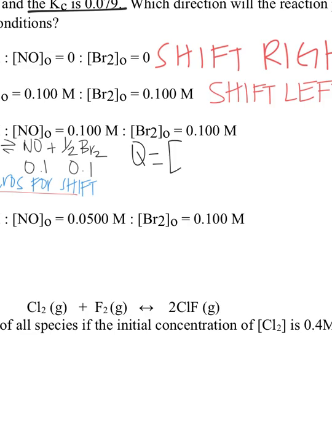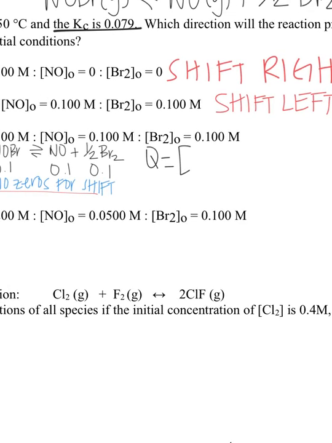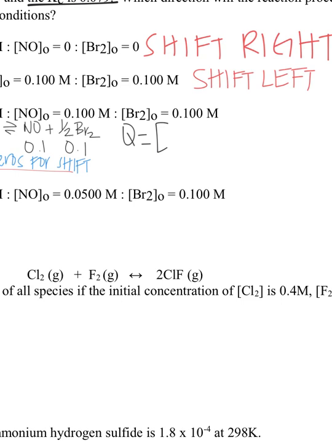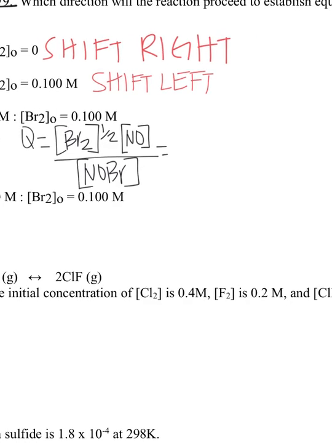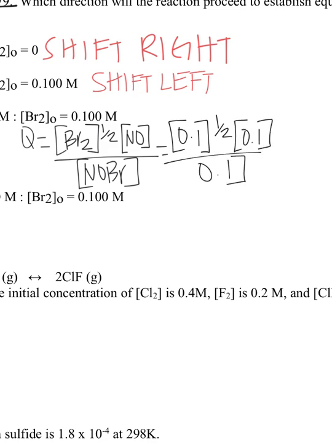Okay, so I'm going to be doing products over reactants. I do need to write an expression for Q, so NO times Br2 to the 1/2, and then NOBr on the bottom. Plug in my numbers. Okay, so I got 0.1 to the 1/2, 0.1, 0.1.